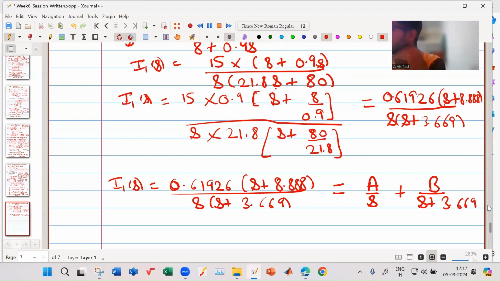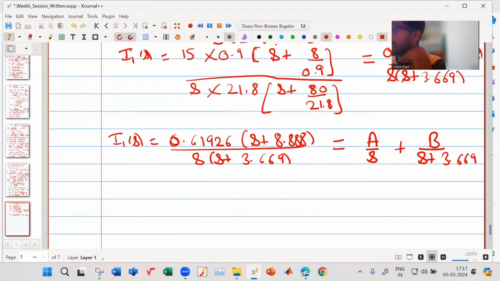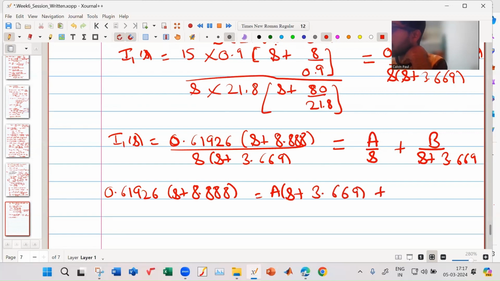When I do cross multiplication, I will get 0.61926 into S plus 8.888 is equal to A into S plus 3.669 plus B into S. Is it okay?